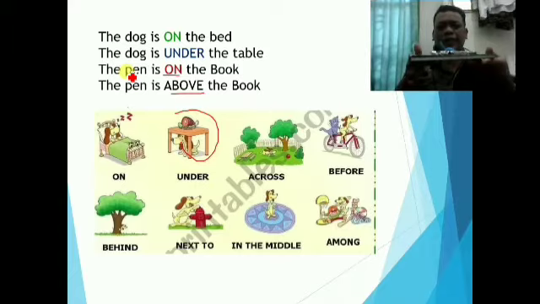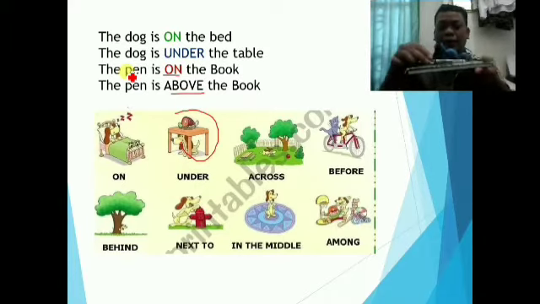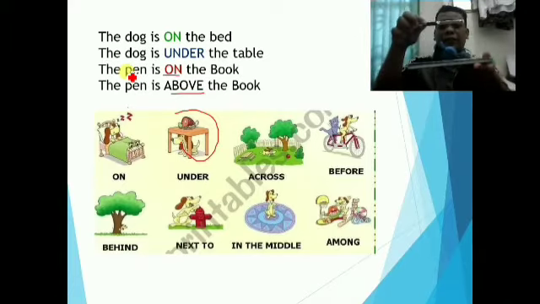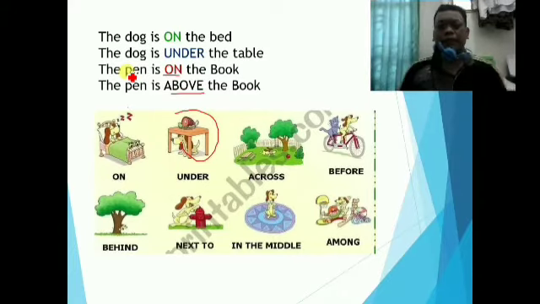Berarti pulpen itu berada di atas buku. And then when we say the pen is above the book, it is a few centimeters above the point of reference, berada sekitar berapa sentimeter di atas buku ini. Jadi the pen is above the book. That's the small illustration that I can give to you.